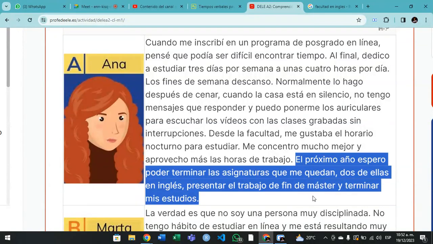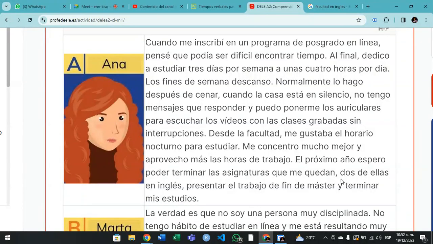I don't think it's 2 years. It's not 2 years. It's next year. Right. And here, próximo año, that's like next year. Okay, próximo is next. And here she says something about English, but it's just that two of her subjects are in English.